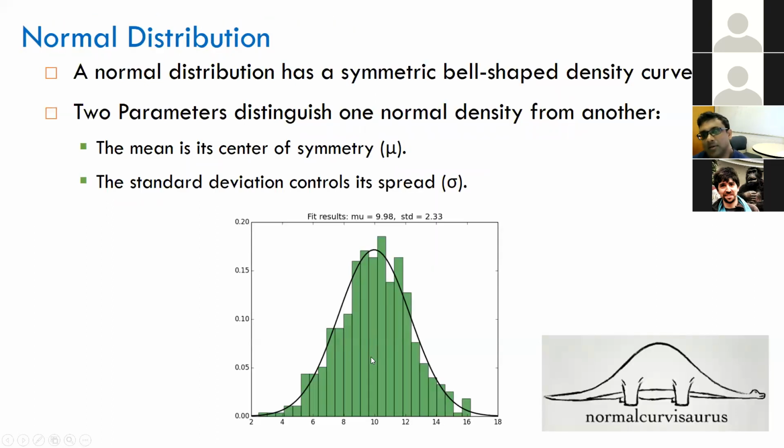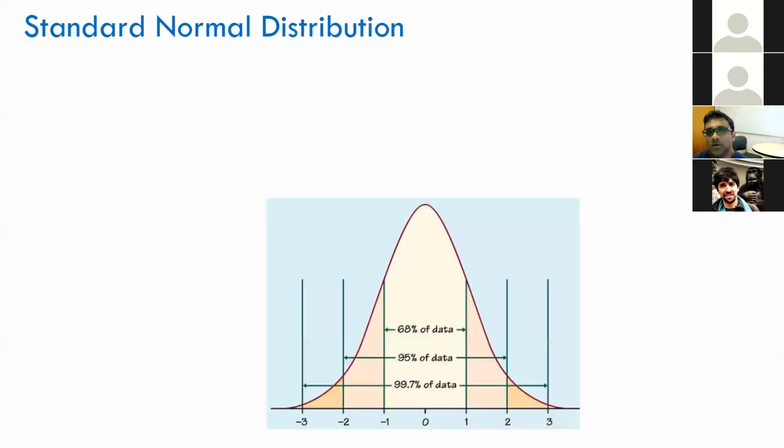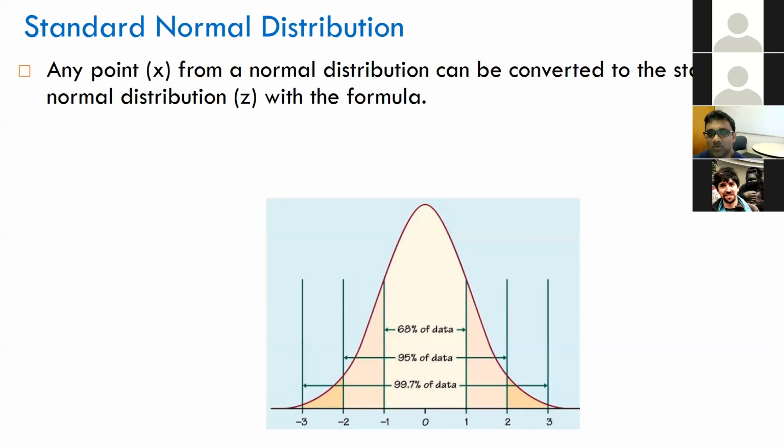And you convert this normal distribution into a standard normal distribution. This is how the 95%, 68% or 99% figures come into the picture. So if you have your data set, you convert it into a standard normal distribution, which is called the Z distribution. How do you do that?